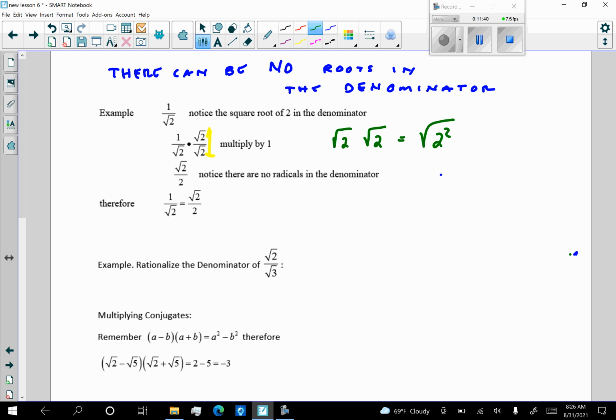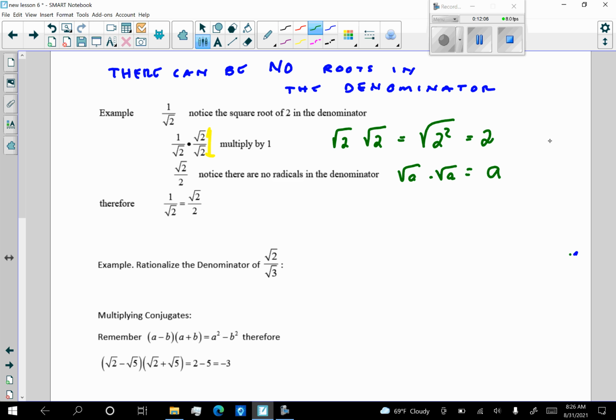And what's the square root of 2 squared? 2. And that's true with any square root. That's good to know. If I have the square root of a times the square root of a, that's just equal to a. You don't have to write that intermediate step.